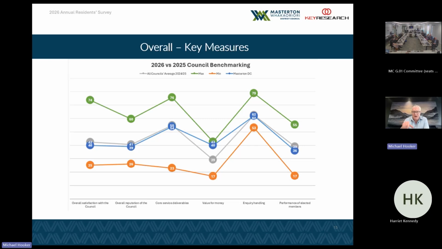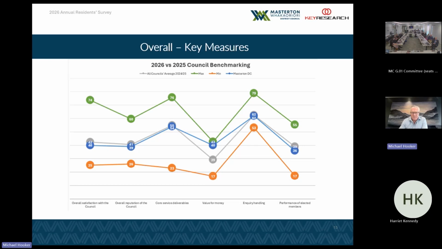And given the question that I had, I'm glad that we did this. So we have the green line here, which is representing the best in class across the 24 councils that we're measuring here. The orange line is worst in class. The silver line is the sector average, and the blue line here is where Masterton District Council is sitting.